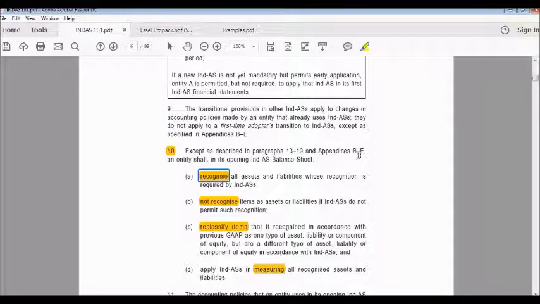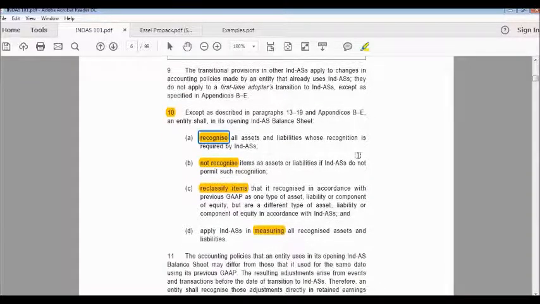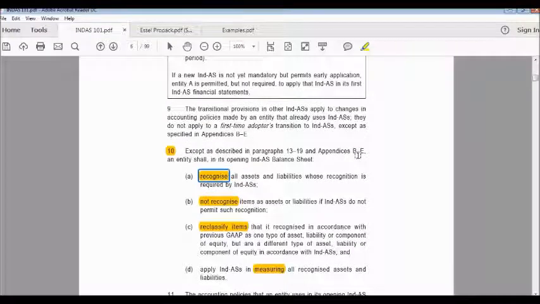So this is the exemption and exception. We will discuss it later on. So this is basically the first part, which is the basics of Ind AS 101.